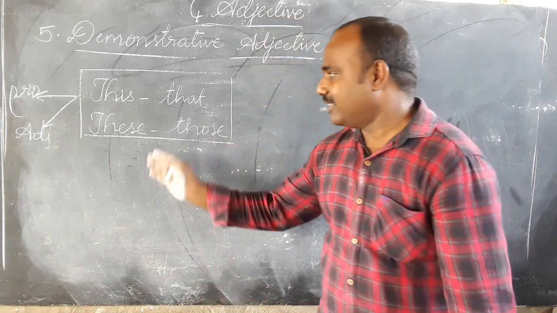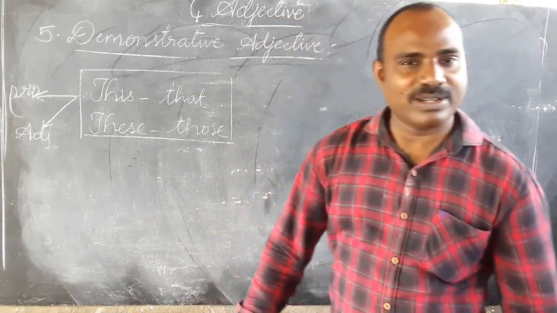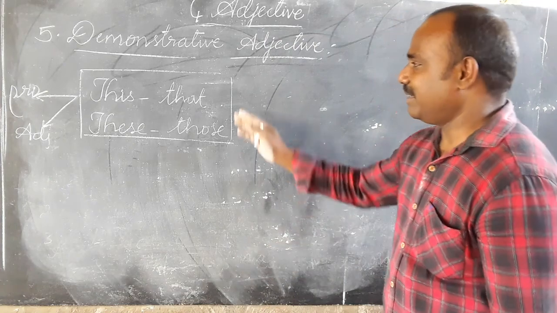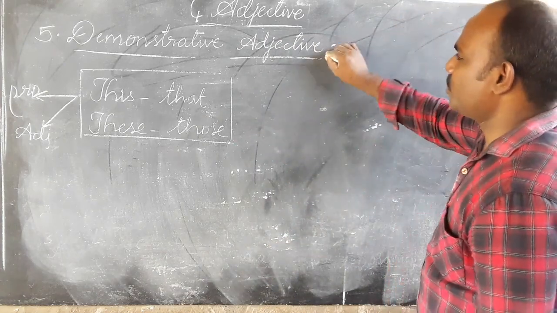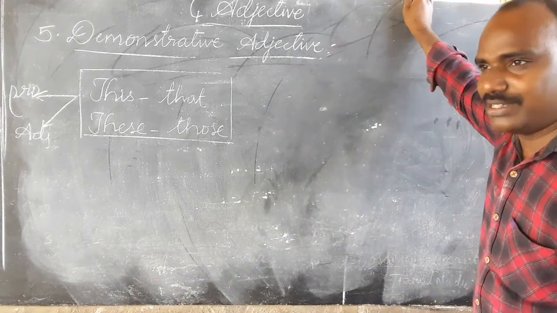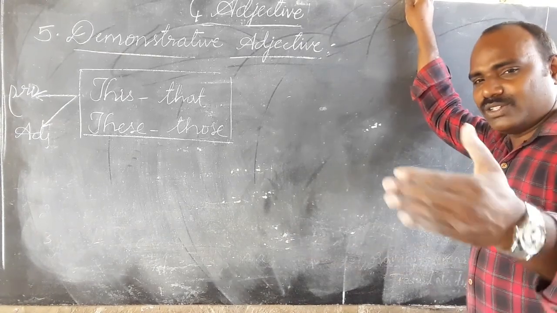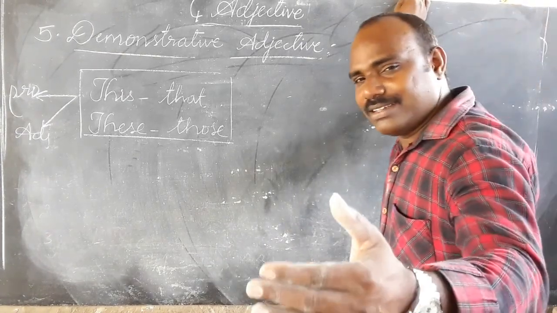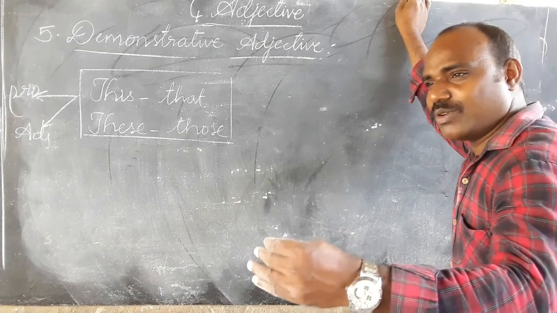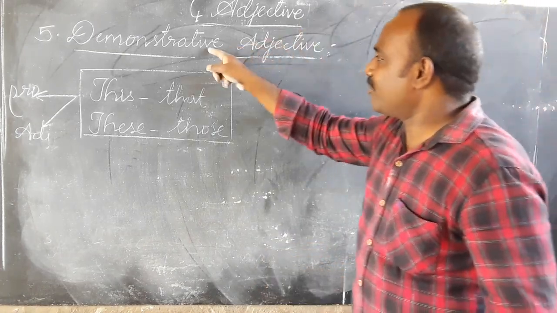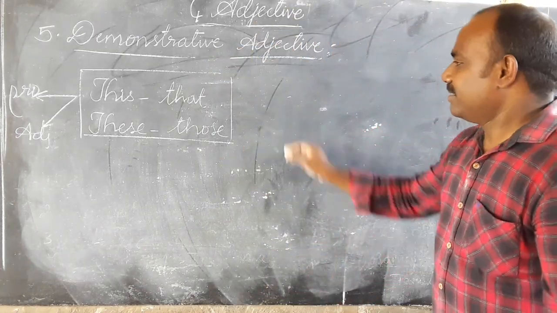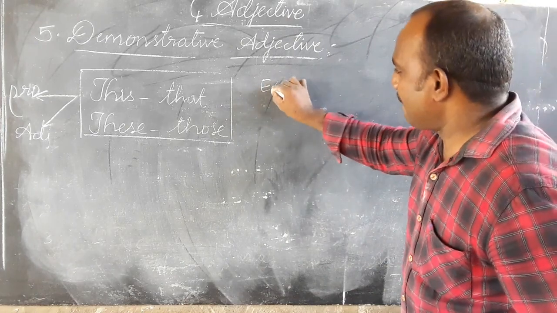These words can be used to demonstrate someone or something. I think no need to write a particular definition here. I'll tell you the examples. By these examples, you can easily understand what is a demonstrative adjective and what is a demonstrative pronoun. Look at these examples.